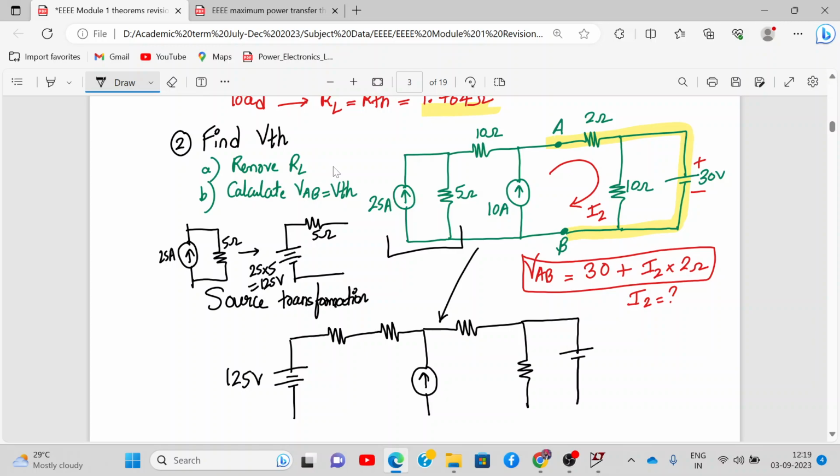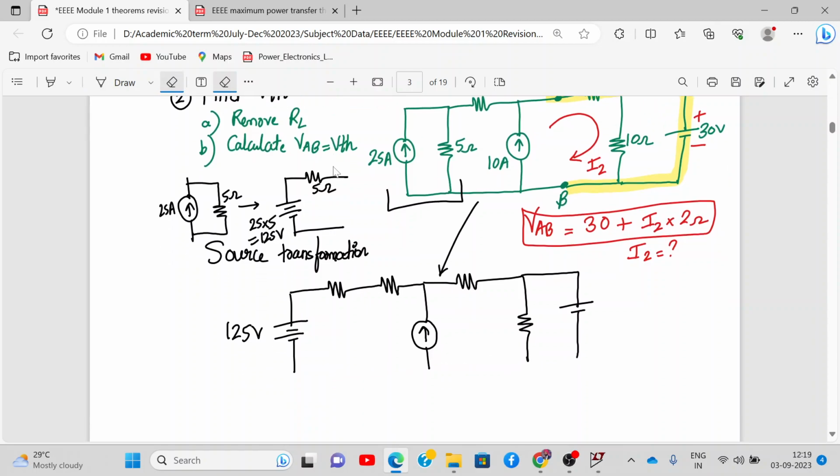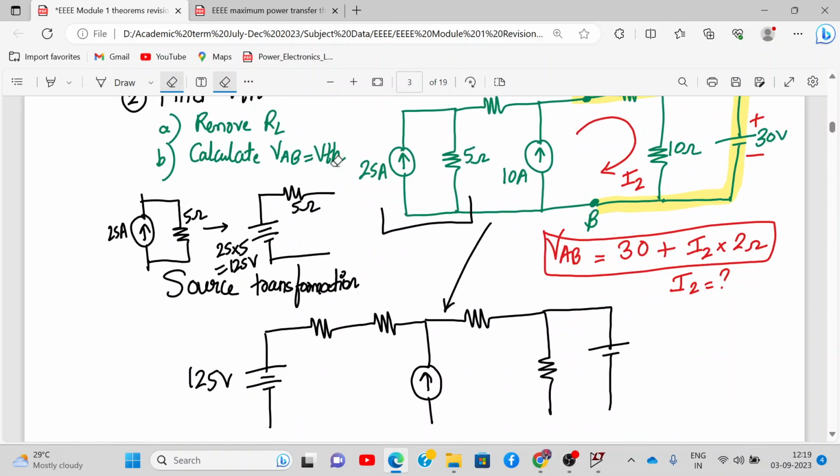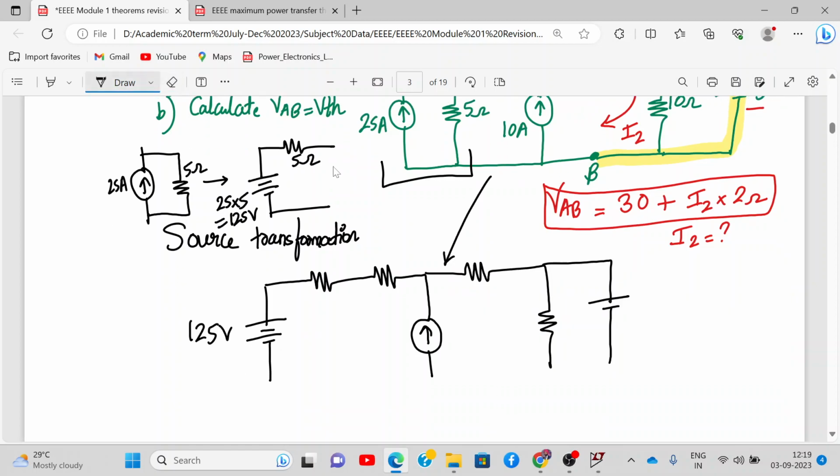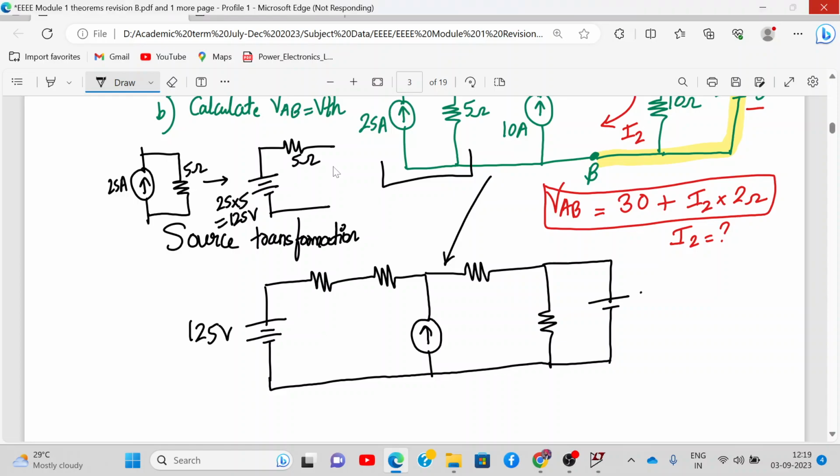This will be a voltage source. Let me join them together. This will be 30 volt. Just a minute. Okay, my document is stuck. You can note it down till then.